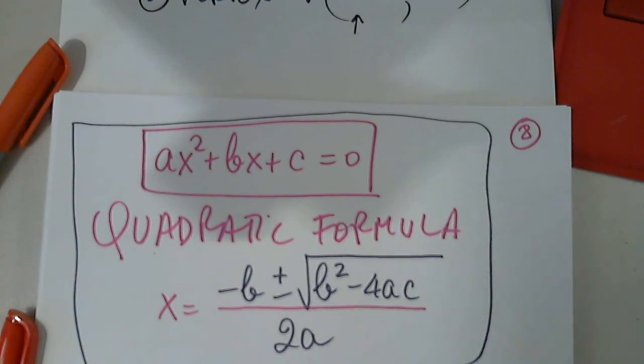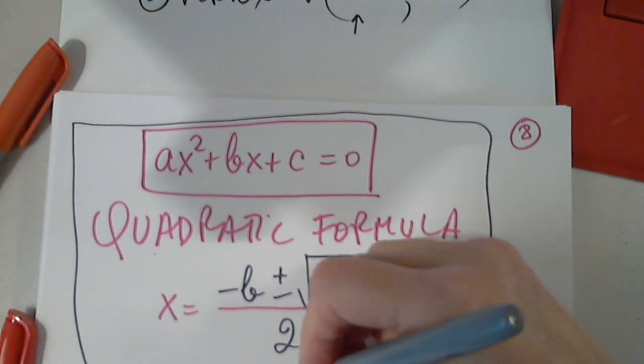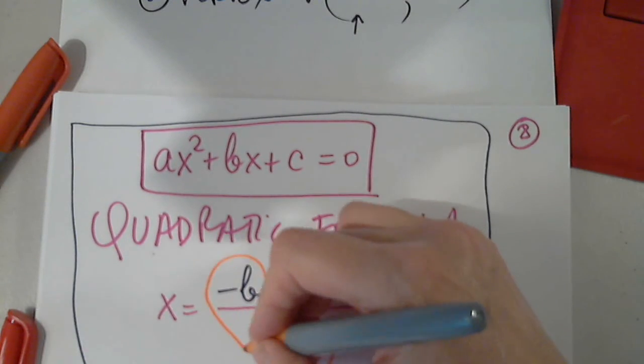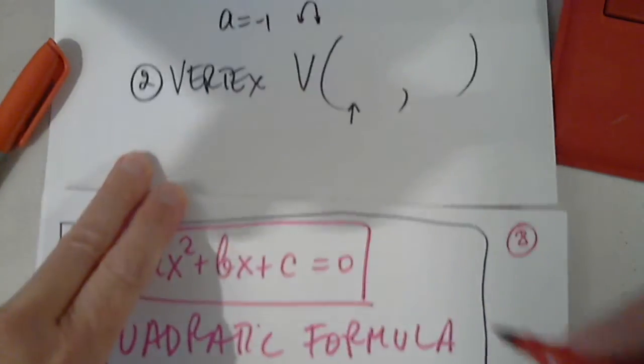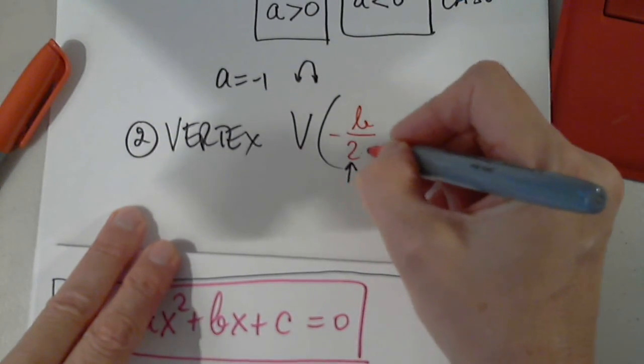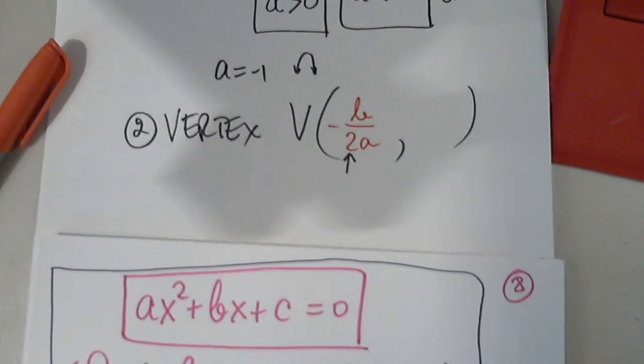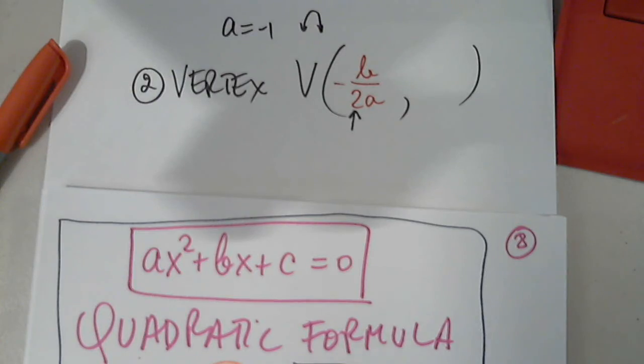So why did I jump from the vertex to this? Because I want to make a point. This is the x-coordinate of the vertex. I would like you to memorize them together. If you know one, you should know the other, hopefully. So this is negative b over 2a.